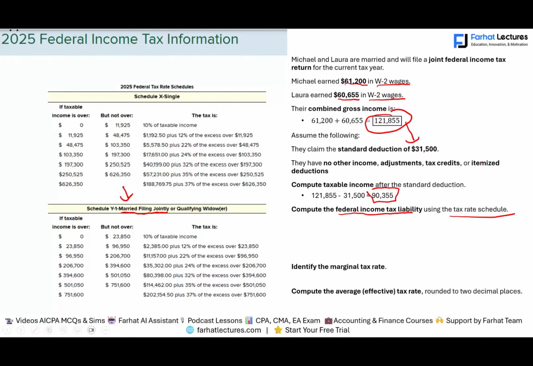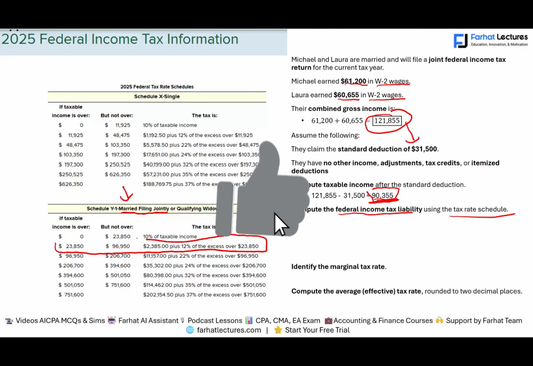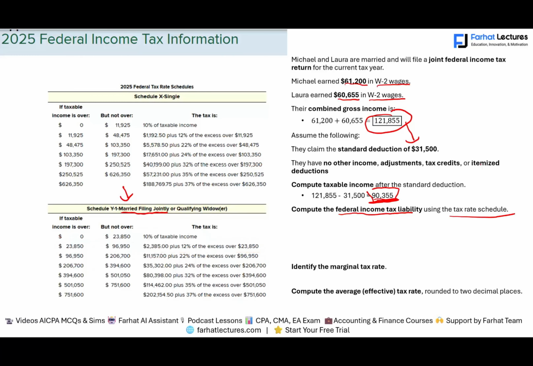Then you would look at their taxable income. Their taxable income is $90,355. So you want to find out in which bracket they fall. They fall into this bracket. $90,355 is over $23,850, but not over $96,950. So $90,355 falls right here.